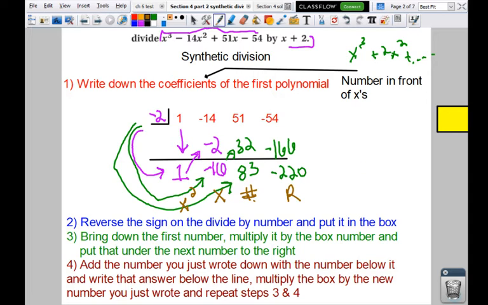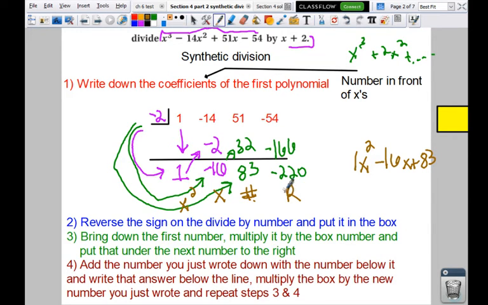So I have to actually write my final answer. After I divide, I get 1 x squared. And then because it's negative 16, I can go minus 16x. And then because it's positive, I'm going to go plus 83.